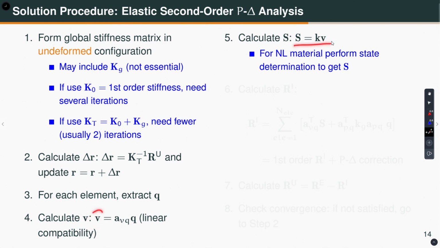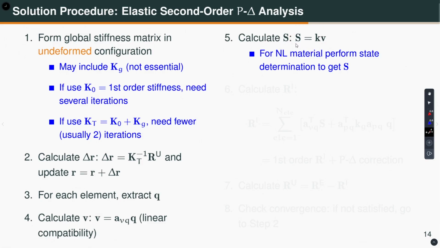You perform a state determination. If you have a linear elastic element, then it is simply the element stiffness matrix times the V. Okay. Or if you have a nonlinear element, then for that given V, you perform a state determination to get the S vector. If it is a nonlinear beam column element or nonlinear truss element, you have to do a state determination.